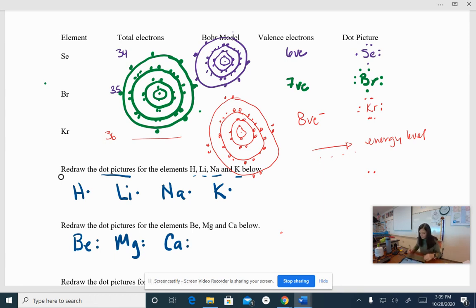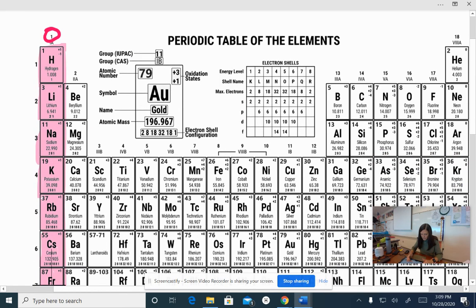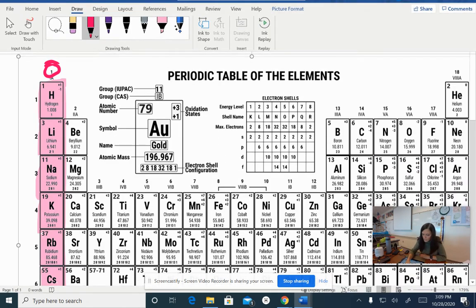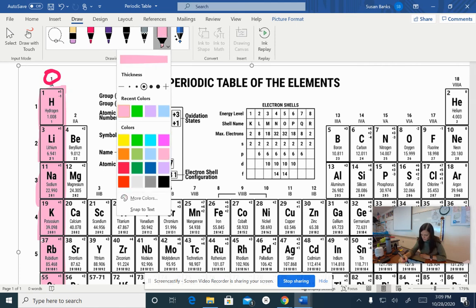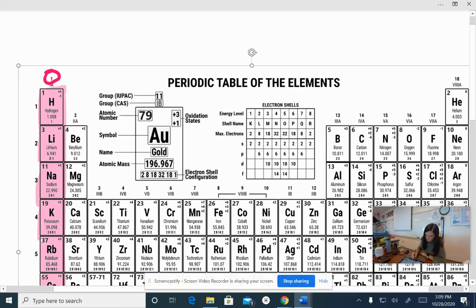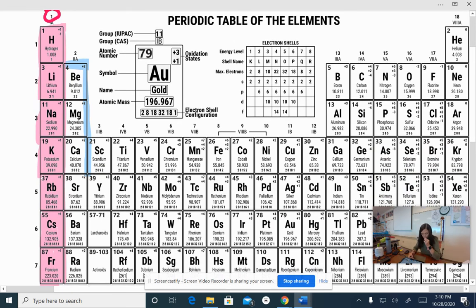Okay, so let's look at them on the periodic table. If we notice beryllium, magnesium, and calcium, they are all in the same column. So let's get another color. Actually, let's change it up so it's a little bit easier to differentiate. So do you think if we went on down to strontium and barium and radium that we would have the same pattern? We do.